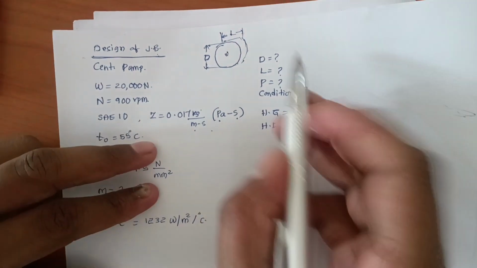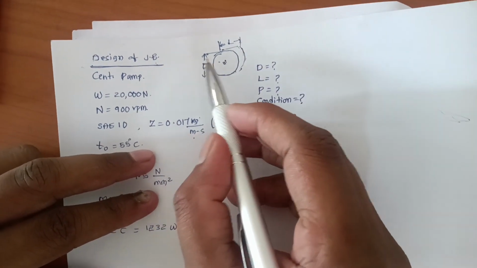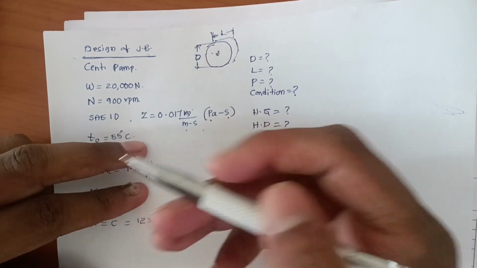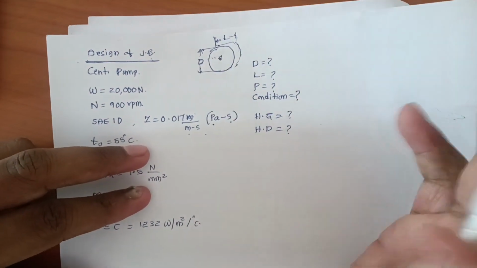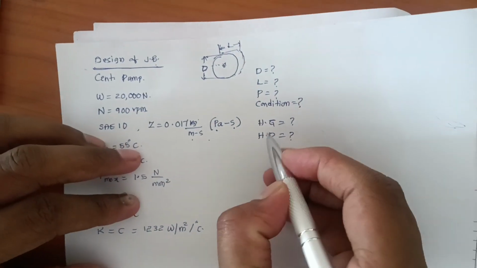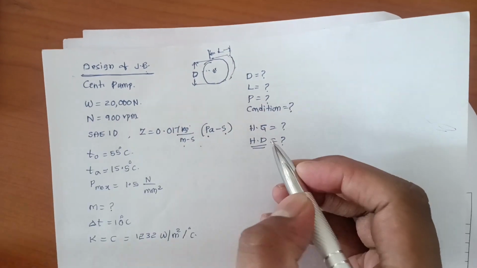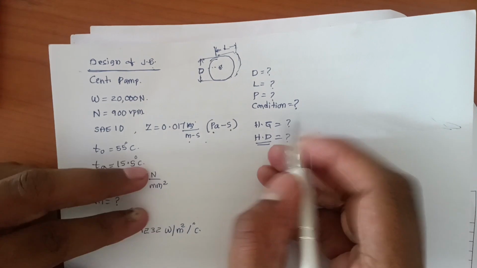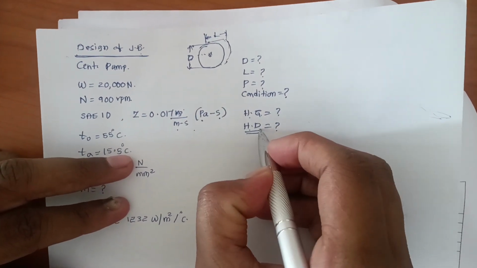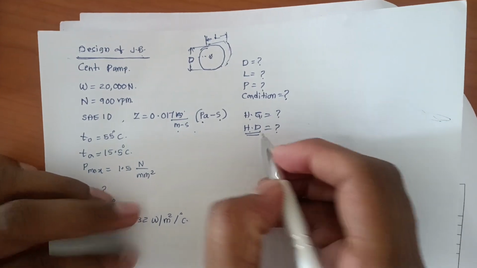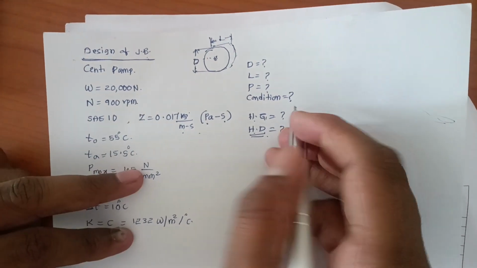Here the heat generated should be dissipated. That means maximum heat should be dissipated to the atmosphere. Generally, if heat generated and heat dissipated are the same, then there is no artificial cooling.